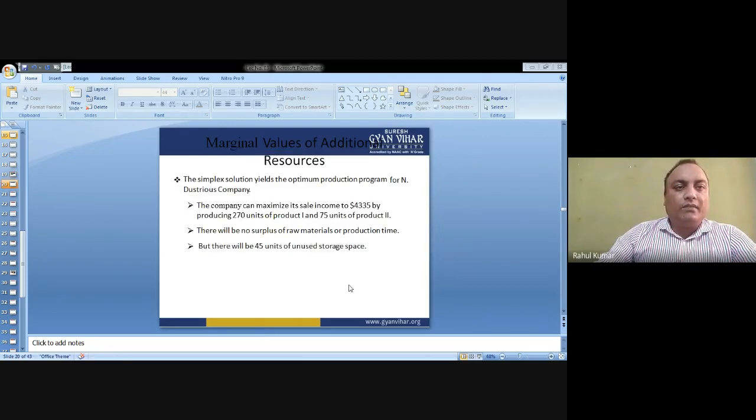And the marginal values of the additional resources: there will be no surplus of raw material or production time, but there will be 45 units of unused storage space. This is the solution of this question here.